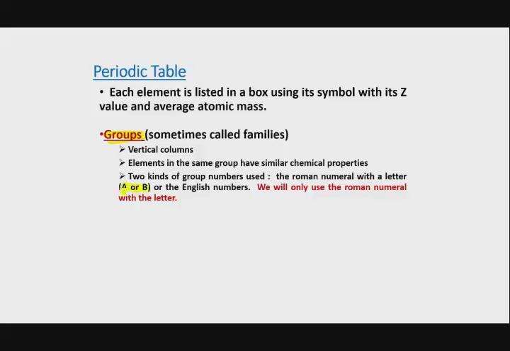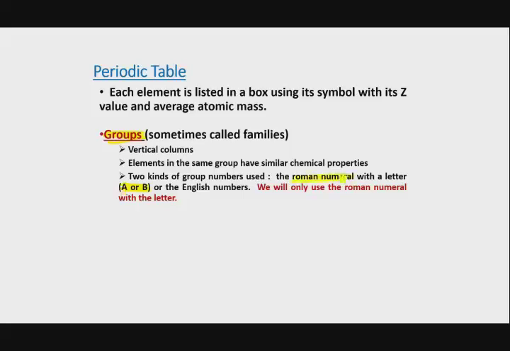Now look at the periodic table and look on top of each column. On top of each column, depending on the periodic table you are looking at, there may be an Arabic number or a Roman number. For the purpose of this class and other chemistry classes, we will only use the Roman number. That's the only one we use.